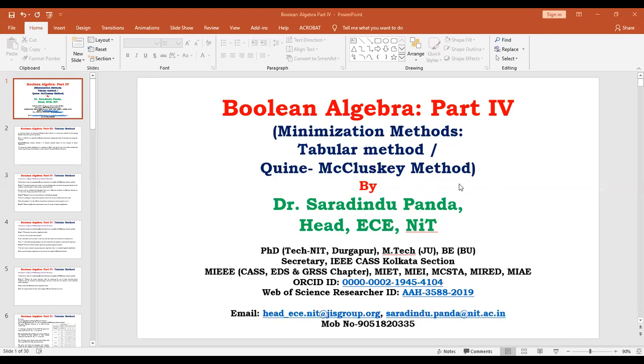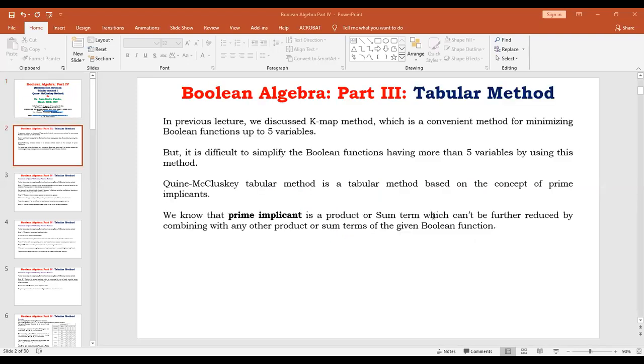So today's topic is the minimization method using the tabular method or Quine-McCluskey. In the previous lecture, we already discussed one type of minimization technique, that is using the Karnaugh map. But the Karnaugh map is a very convenient method for minimizing Boolean functions up to 5 variables.